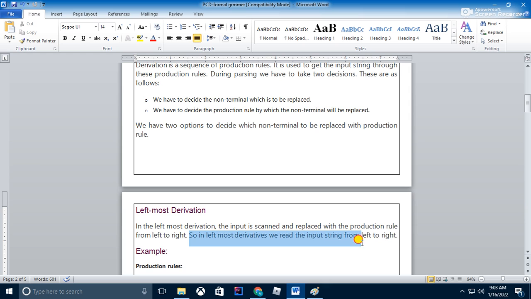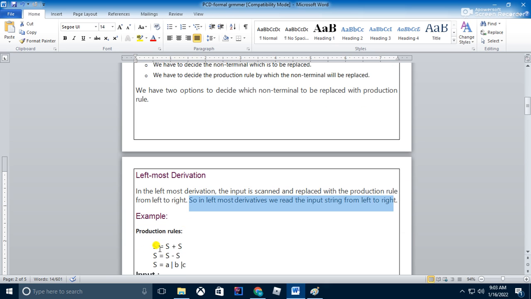Suppose we have a production rule S equal to S plus S, where S is a non-terminal and small a, b, c are terminals. S can take the form S minus S, and then S can be a or b or c. S can take the value of a, b, c.